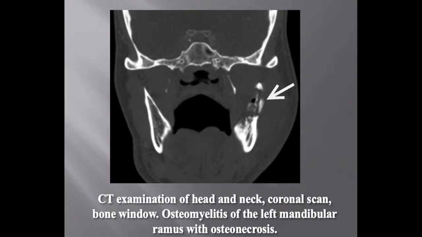We understand that this patient has acute or chronic osteomyelitis. How do you think? Of course, chronic, because we can see formed sequestrum. Acute form doesn't show us any findings on X-ray or on CT.